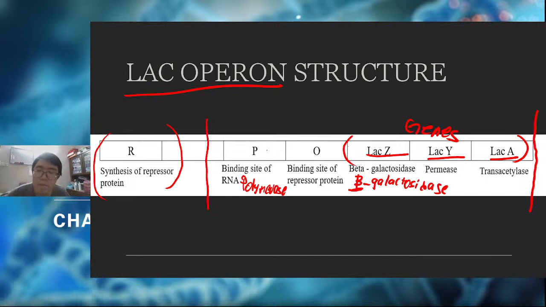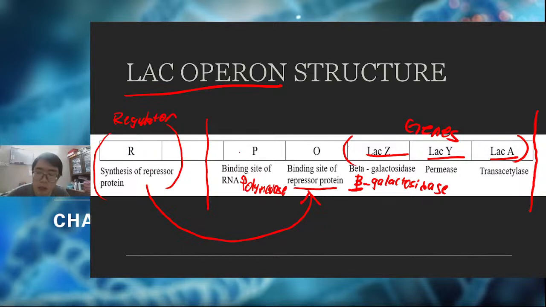If we want to trigger initiation, we need the promoter. The operator is the binding site of repressor protein. What is repressor protein? Later I will explain, but where does it come from? It is produced from the regulator. R is the regulator. That is why we also have to mention the regulator.